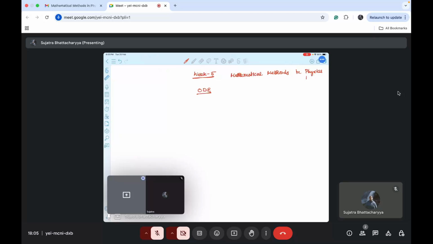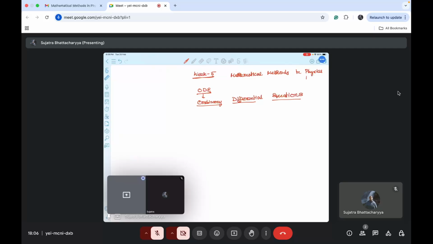So week 5 will be based on the ODEs, the ordinary differential equations. This is the main theme of this week, and today I will give an introduction to all these things, as a good revision, and also do some numerical questions.